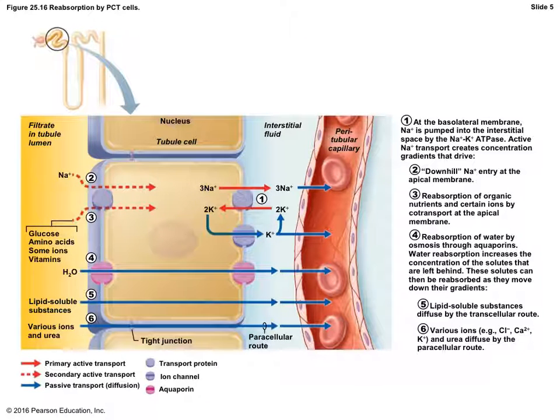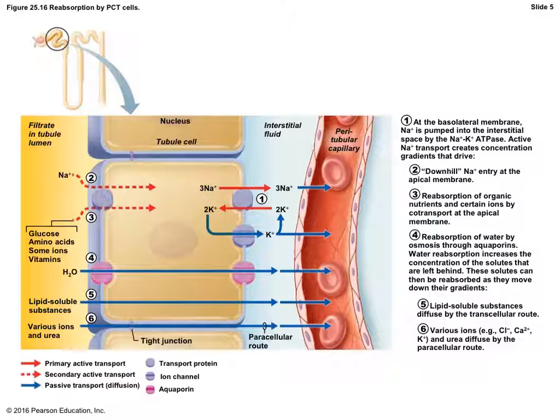And it all starts with the ATP-dependent pumping of sodium across the basolateral membrane of the tubules. By doing that, we created a concentration gradient where we pump sodium out of the cell, so it's low concentration in here, high concentration in the filtrate. So sodium is going to diffuse. There's a carrier protein that facilitates the diffusion of sodium from high to low concentration.